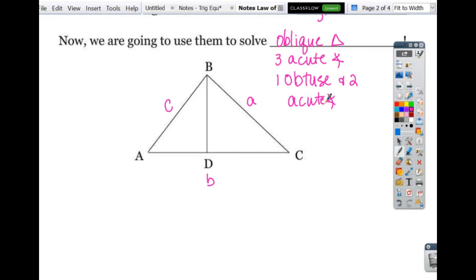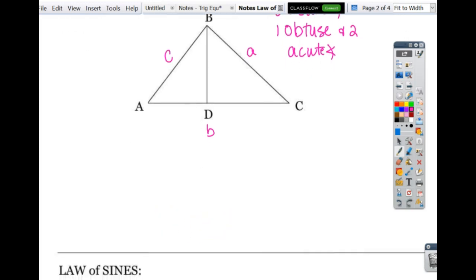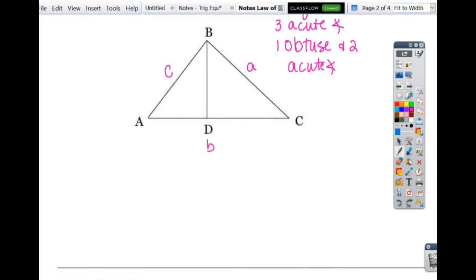So the sides are across from the angles. The angles are the capital letters, and the sides are the little letters across from them. So if I look at this triangle, none of them are right angles. None of them. But if I drop the line down the middle right here to D, and if I call it height, that is a right triangle.